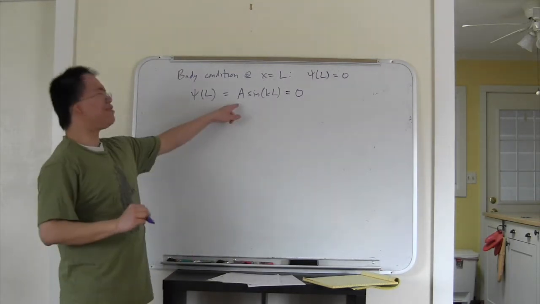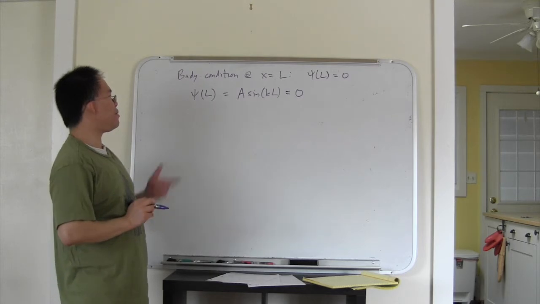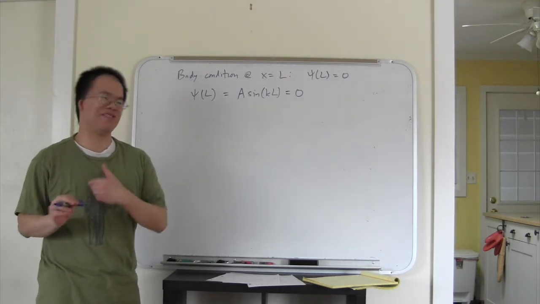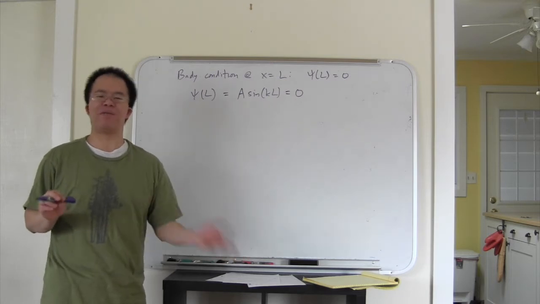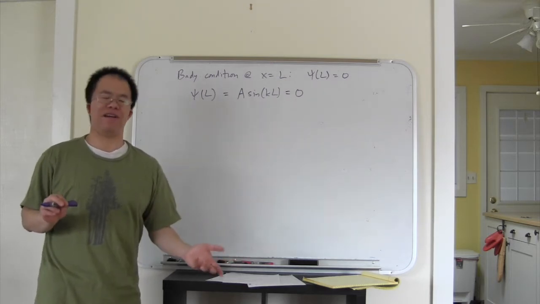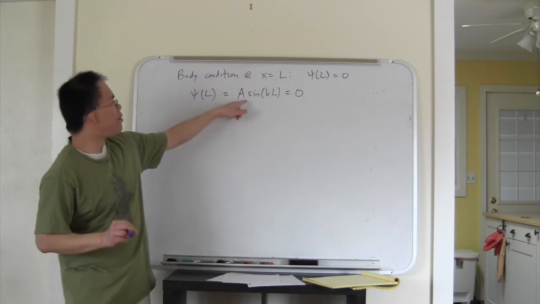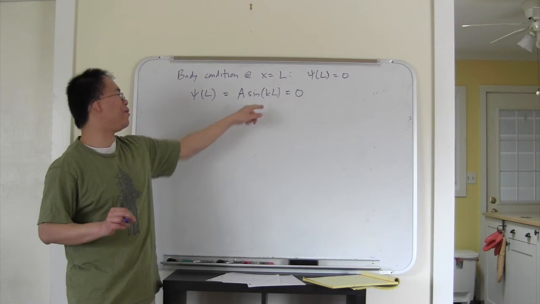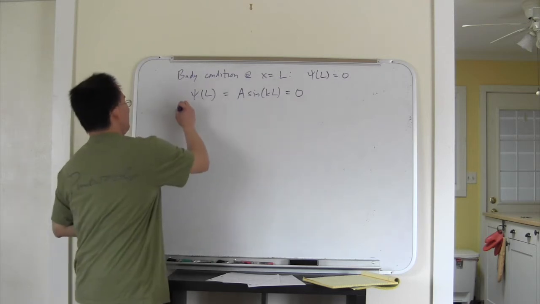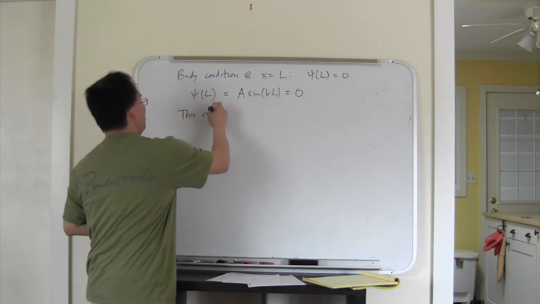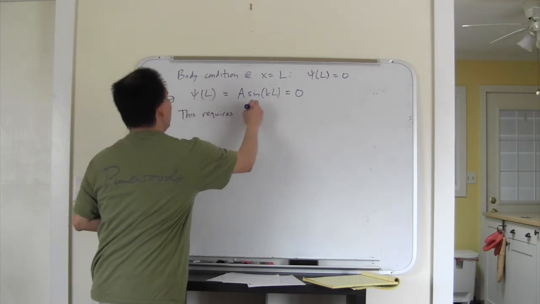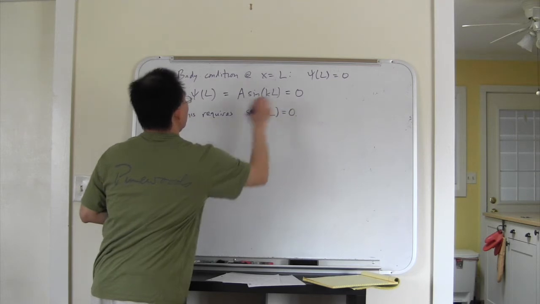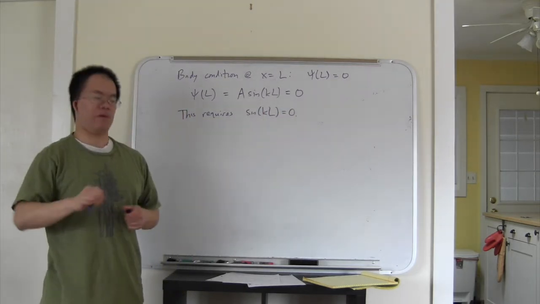So a is a constant, but if we set a to 0, then the whole wave function would be 0 everywhere. That's not going to satisfy normalization. So the only physical way to satisfy this requires sine of kL to equal 0.